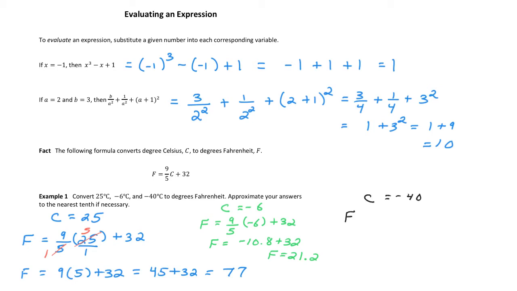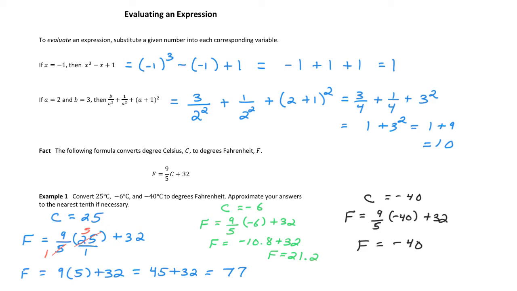I'm going to put that into this formula, and I'm just going to do this calculation right on my calculator. Okay. So that's 9/5 times negative 40 plus 32. And I actually get negative 40.